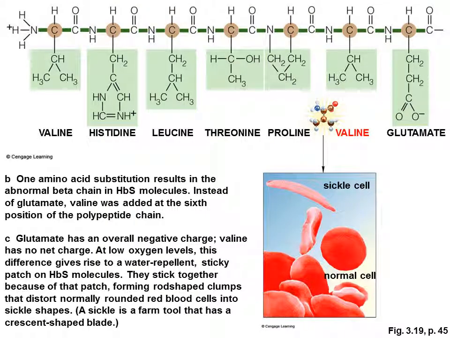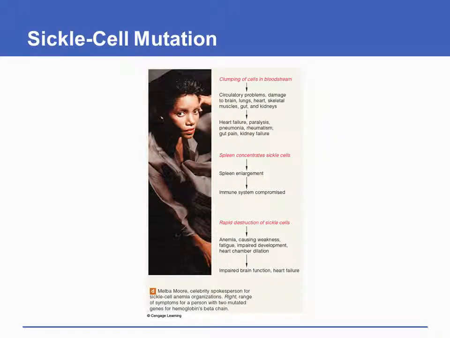What does that result in? All sorts of problems. These red blood cells can't do their jobs. There's circulatory problems. Oxygen's not getting to the brain, to the heart, to the lungs, to the gut, the kidney, and it results in systemic problems throughout the body.